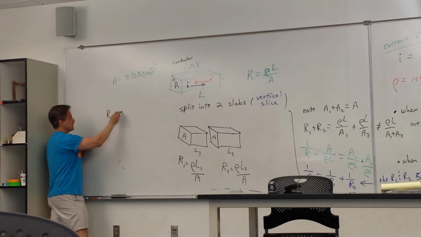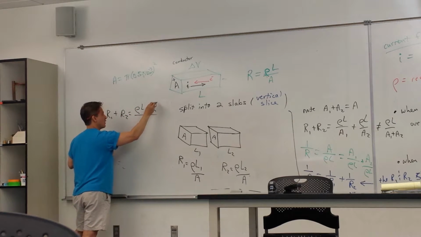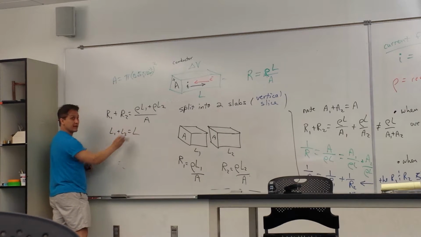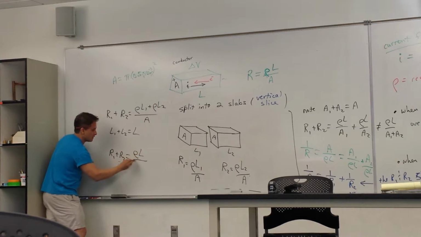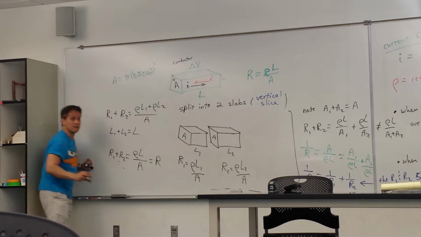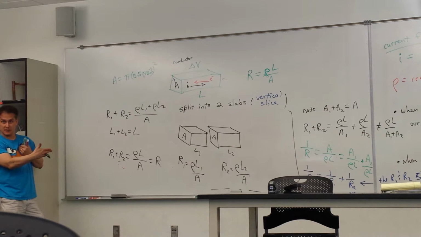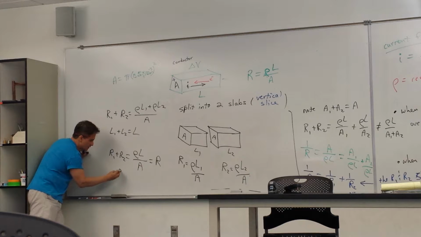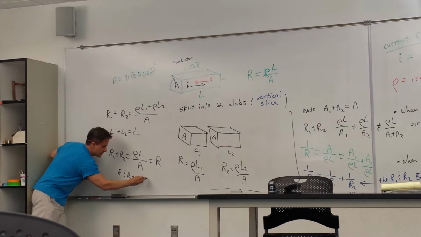So R1 plus R2 is rho L1 plus rho L2 over A, and L1 plus L2 is the total length L. So R1 plus R2 should be equal to rho L over A, which is equal to the original R. This is essentially the phenomenon where you have series arrangements of conductors. So we'll just note R1 and R2 are arranged in series.